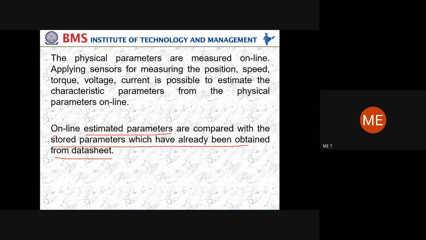The stored parameter is nothing but your knowledge base, and what you are measuring is your estimated parameter. You compare these to understand whether everything is going on fine or not.